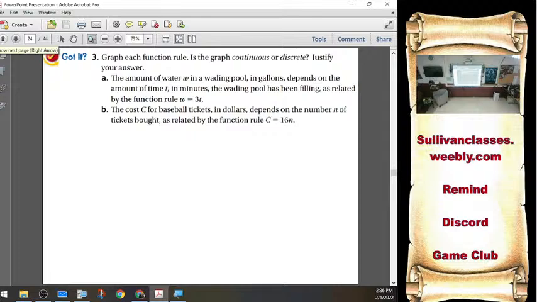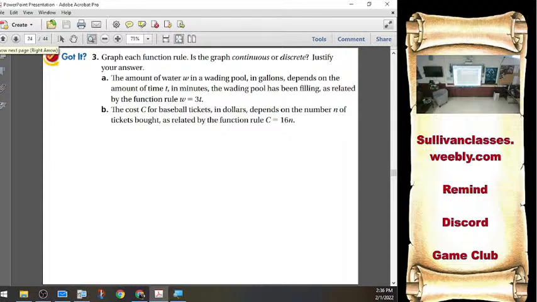First one, what do you think? Continuous. I can turn that water on for as long as I want, turn it off whenever I want. I can have it run for 15 minutes, 41.8 seconds. No problem. Okay? But the baseball tickets, on the other hand, I can't buy 3.1 tickets.